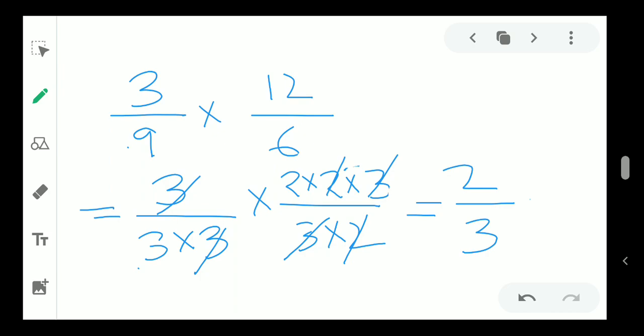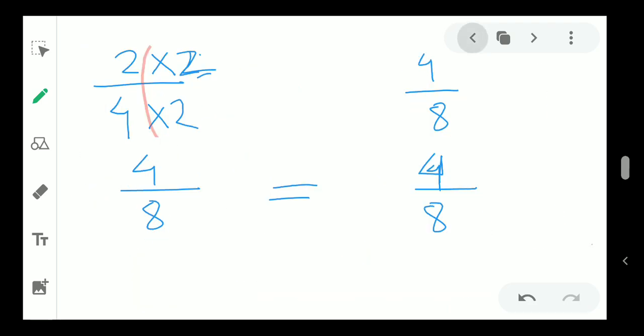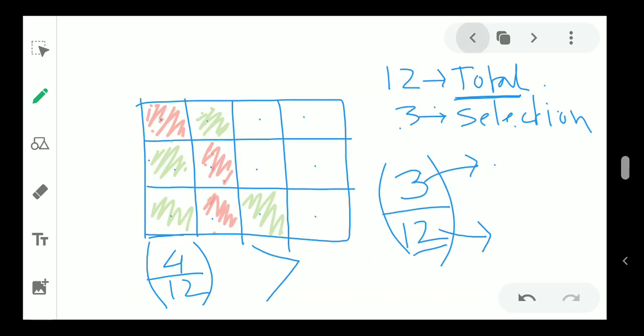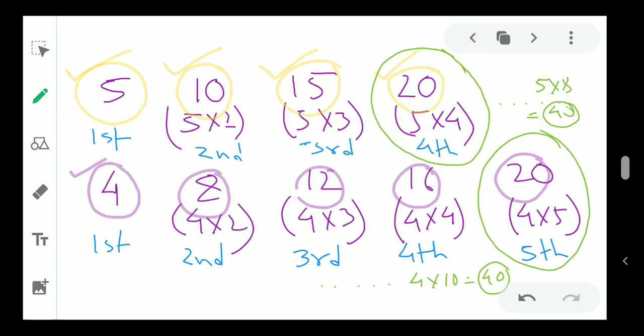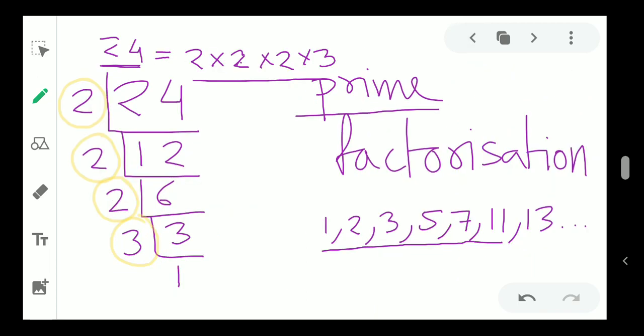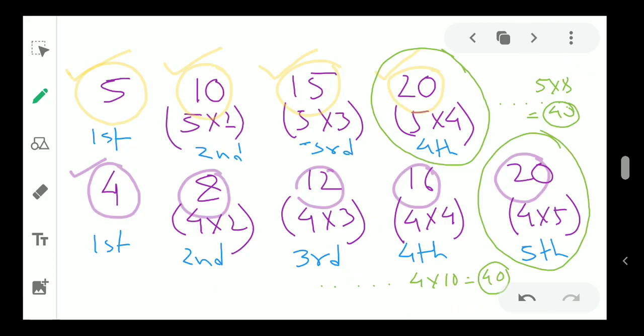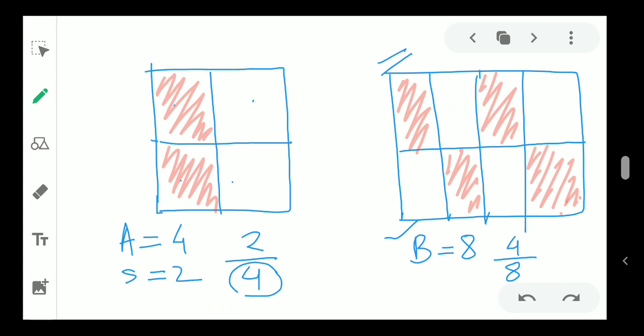These are some basic things. Today's idea for the class was to make you understand that fractions are used for comparison, and we also talked a little about LCM and prime factorization so that you can remember all that old material.